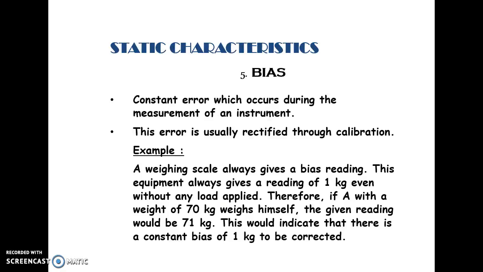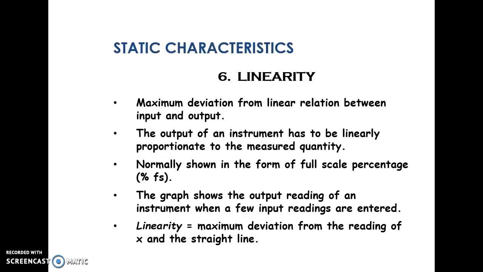The next one is bias, a constant error which occurs during the measurement of an instrument. This error is usually rectified through calibration. Next one is linearity, the maximum deviation from the linear relation between input and output. The output of an instrument has to be linearly proportional to the measured quantity, normally shown in the form of full scale percentage.